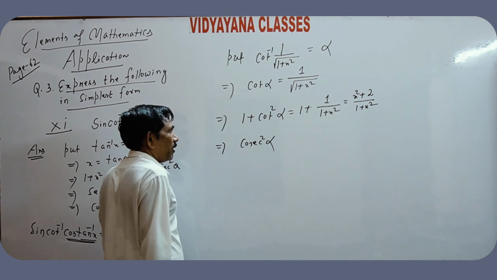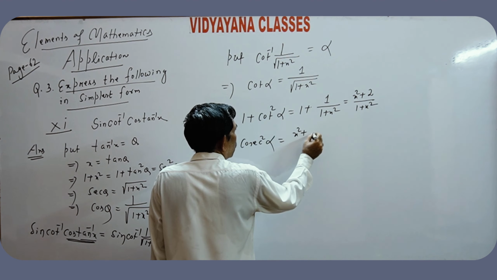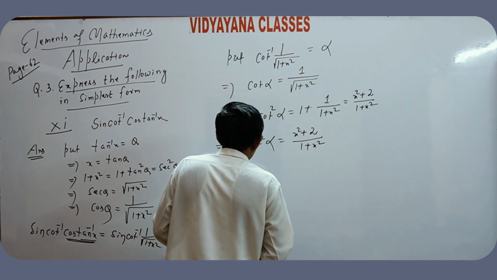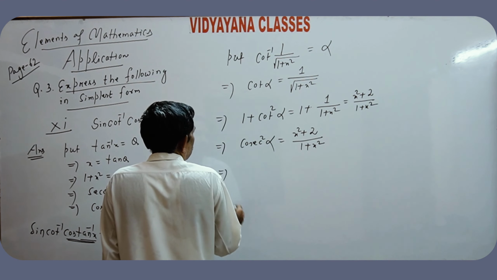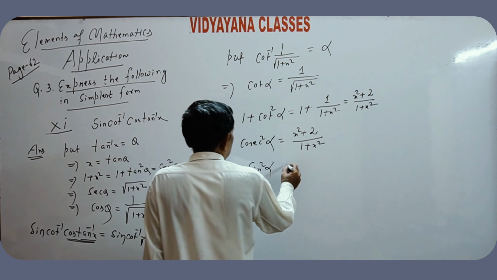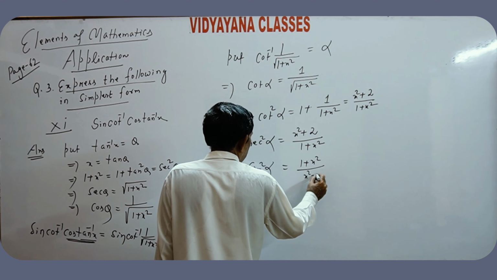Cosec square alpha is equal to x square plus 2 divided by 1 plus x square, which implies sin square alpha is equal to 1 plus x square divided by x square plus 2.